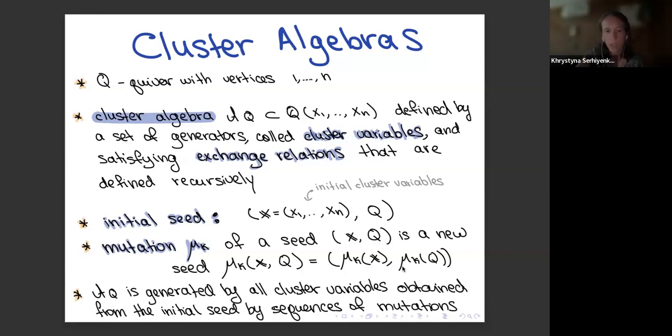So you understand that part; I just have to tell you what this mutation does on the level of variables. Once we have that, the cluster algebra is defined as the algebra generated by all of the cluster variables obtained from the initial seed by sequences of mutations. You start with the initial seed, and you can mutate in any of the directions 1 through n.